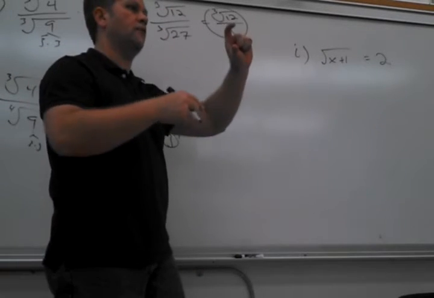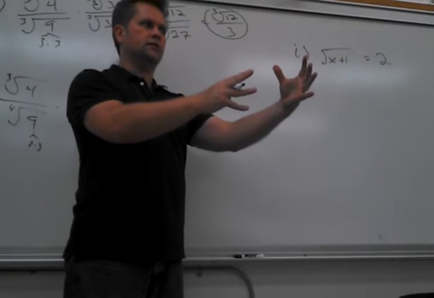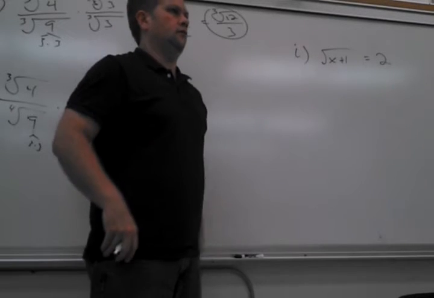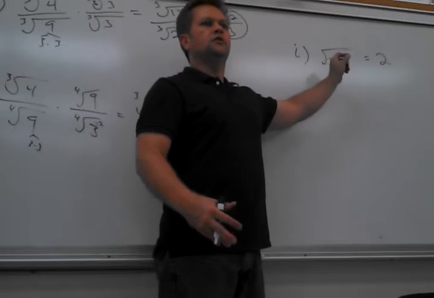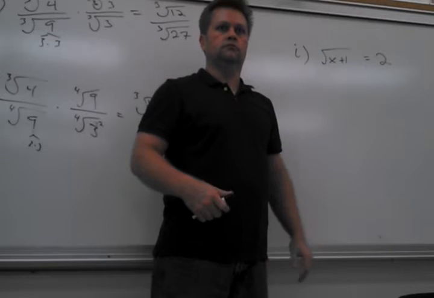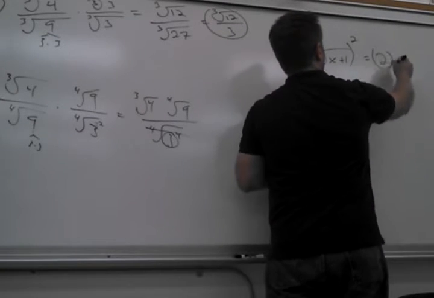The opposite of a 1/2 power is a second power. So if I square both sides, what will happen to the square root? Now, why do you think I'm doing that? Where is the x currently? Stuck inside the root. So the first thing I want to do is kill the root. Why am I squaring both sides?